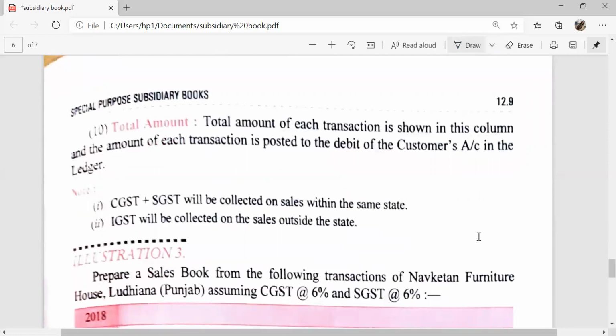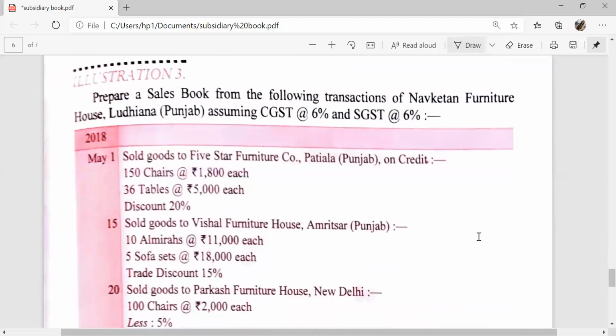Let us discuss illustration 3. Prepare a sales book from the following transactions of Navketan Furniture House, Ludhiana, assuming CGST at the rate of 6% and SGST at the rate of 6%. 2018, May 1st, sold goods to 5-star company, Patiala, Punjab on credit, 150 chairs at rupees 1800 each and 36 tables at the rate of rupees 5000 each, discount 20%.